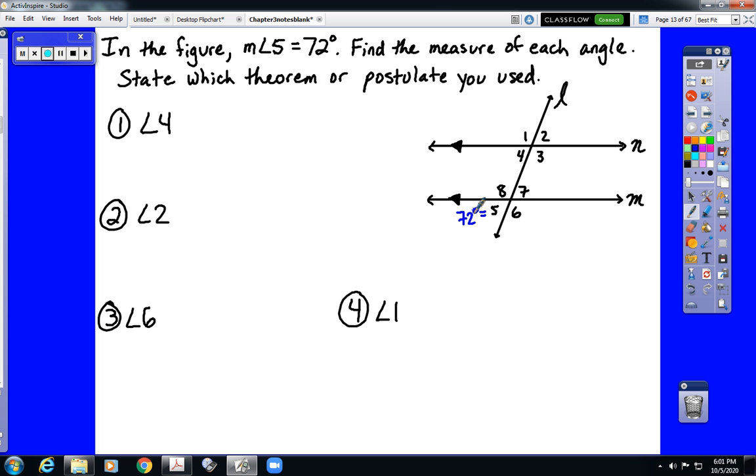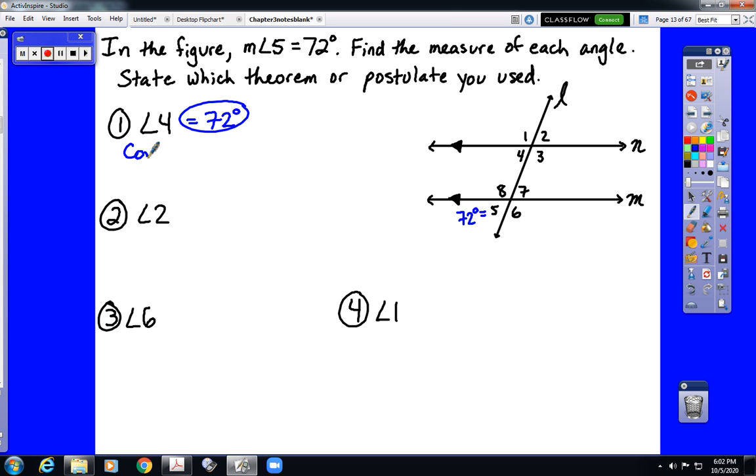Well, number 1 is asking us to figure out the measure of angle 4. Angle 4 and angle 5 are corresponding angles. So since M is parallel to N, the corresponding angle postulate tells us that angle 4 is congruent to angle 5, which means that the measure of angle 4 is also 72 degrees.